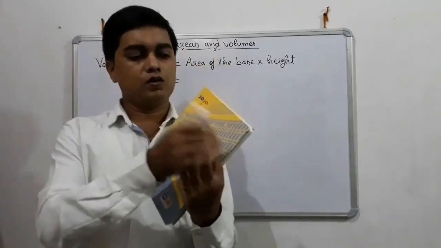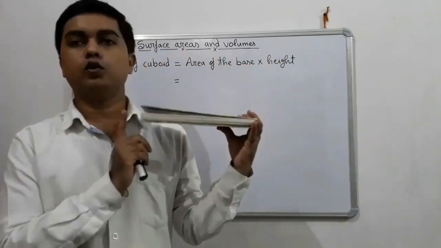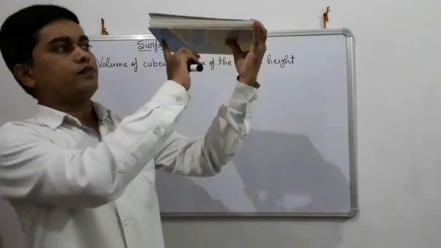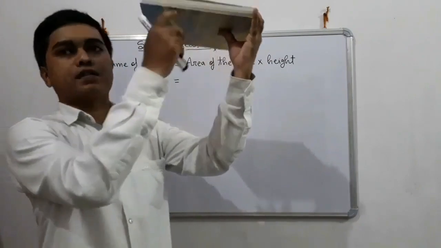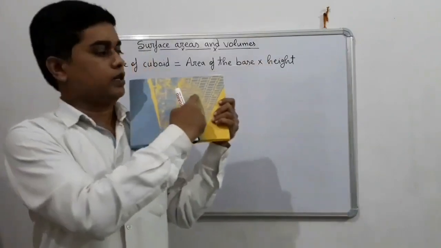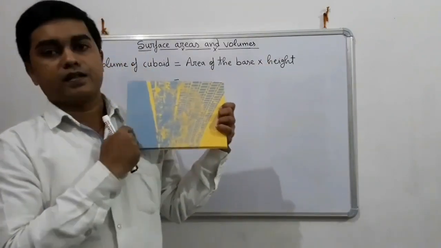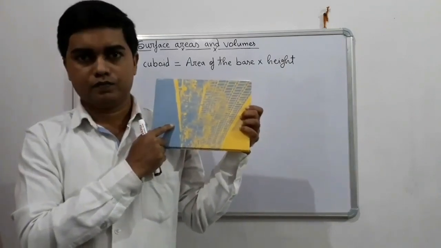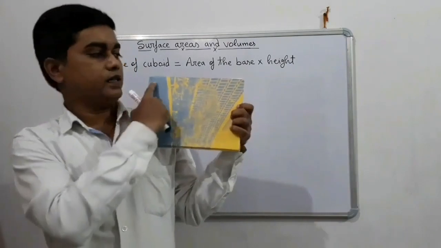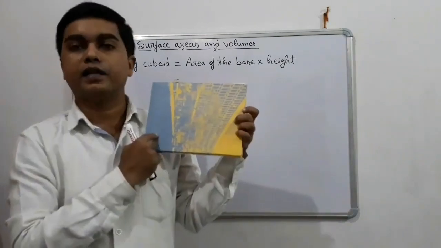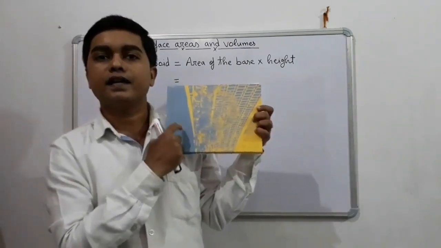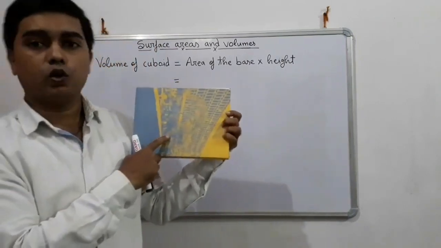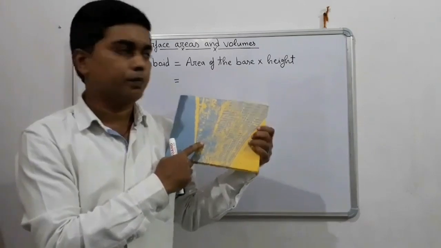Okay. Now if you want to find the volume of this cuboid, then what do you have to do? First you will find the area of the base. Now see, this base is in the form of a rectangle. So if you are going to find the area of the base, it means you have to find the area of a rectangle. The area of a rectangle, we know, is length into breadth.